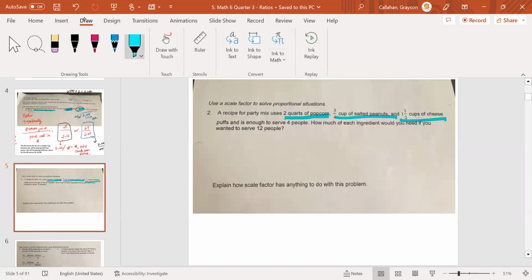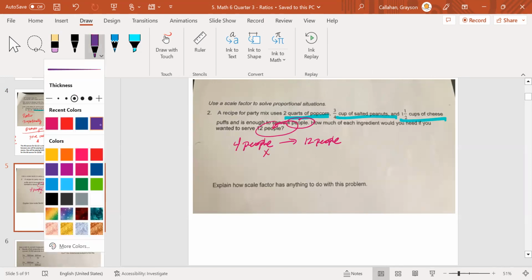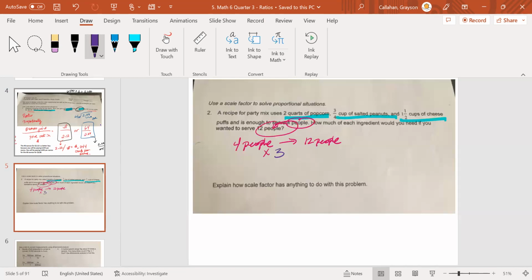Okay. So 4 people to 12 people, right? From 4 people to 12 people, how are you getting from 4 to 12? What's the multiplier? You times it by 3, which means quarts of popcorn, you will have to multiply it by 3. So for 12 people, you would need 6 quarts of popcorn.